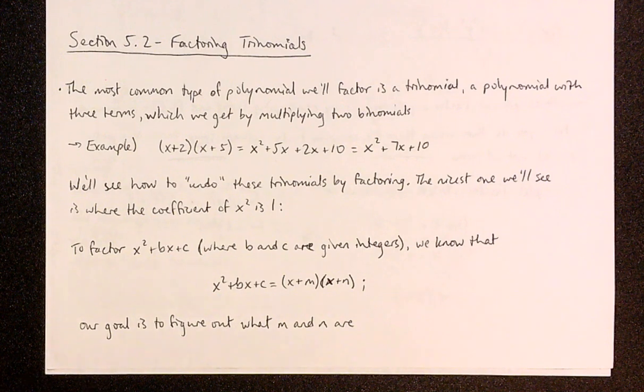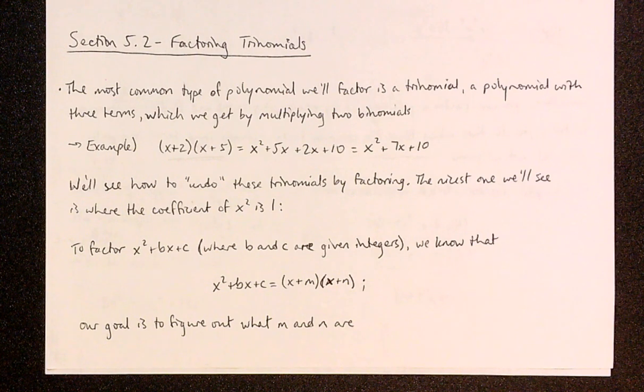And this is the nicest case that we can see because the number in front of x squared, or the coefficient of x squared, is 1. And that is the nicest possible case that we can have.